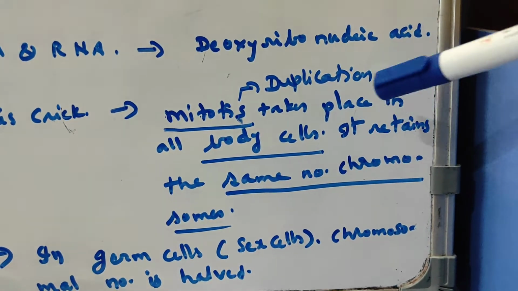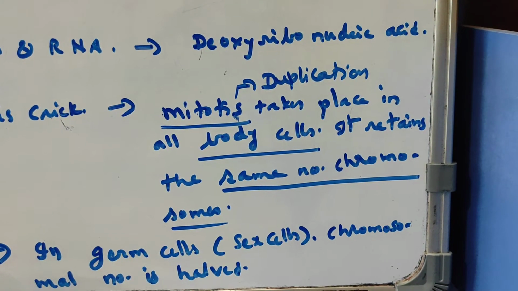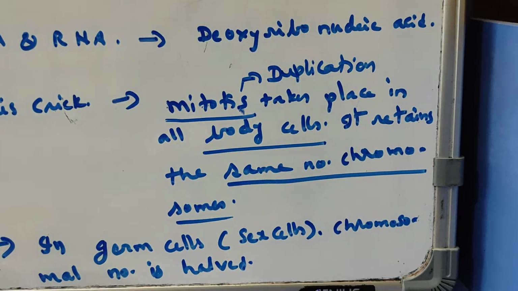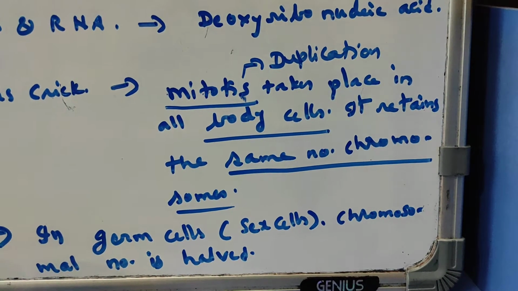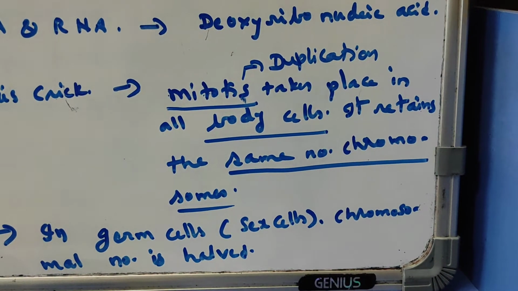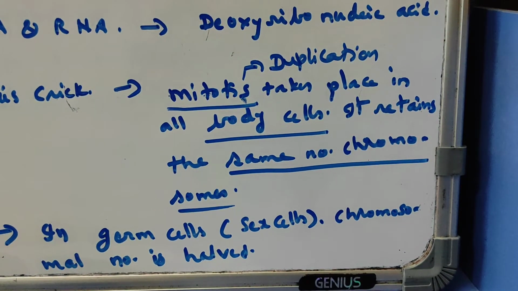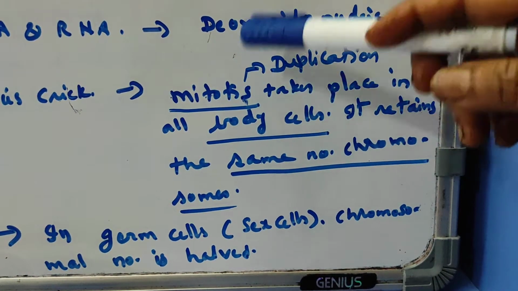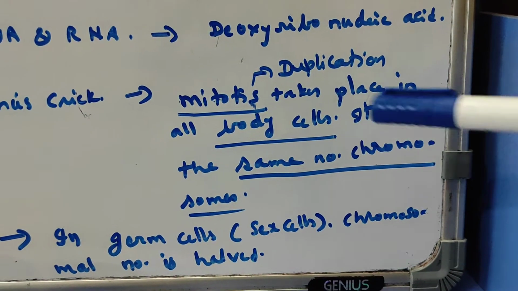Suppose any body part gets hurt, then immediately mitosis will take place. If any injury is there, then immediately bleeding will be there. After some time the bleeding will be stopped. When this is stopped, that means mitosis has already taken place. So the cells will be repaired.